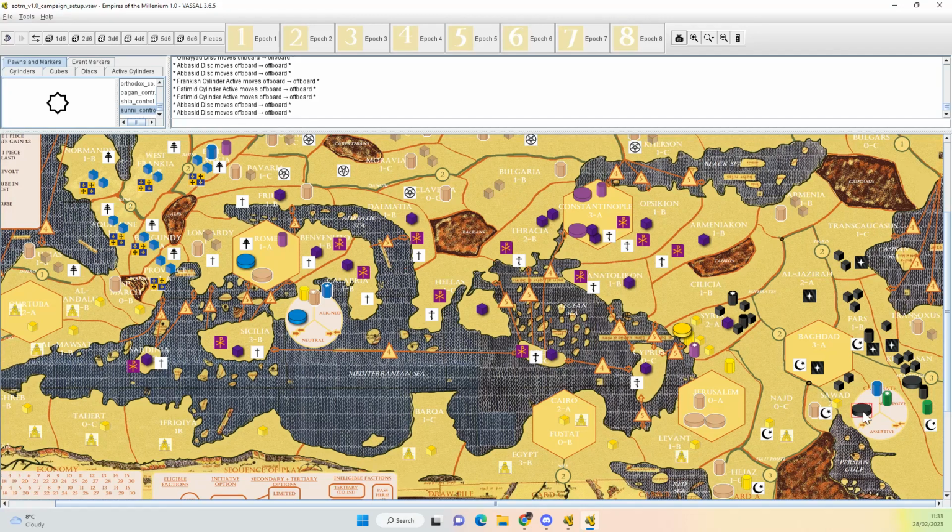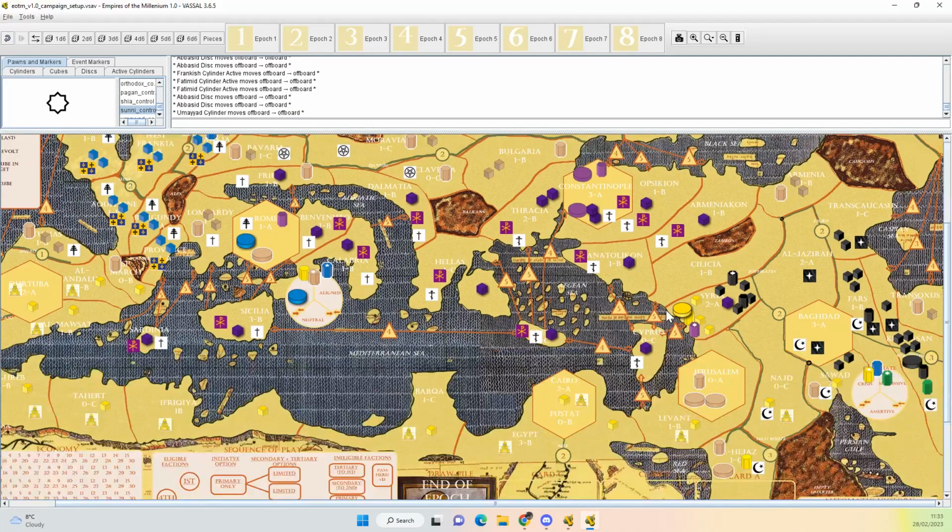So later in the game, the Fatimids want the Caliphate for themselves, and the Umayyads are interested in getting the Caliphate back for themselves. So in crisis, you could have Umayyad Caliphate again. And then if the Umayyads have the Caliphate and also control Baghdad, then they can move it to either Cairo or Cordoba if they'd like. Move the physical location of the Caliphate.